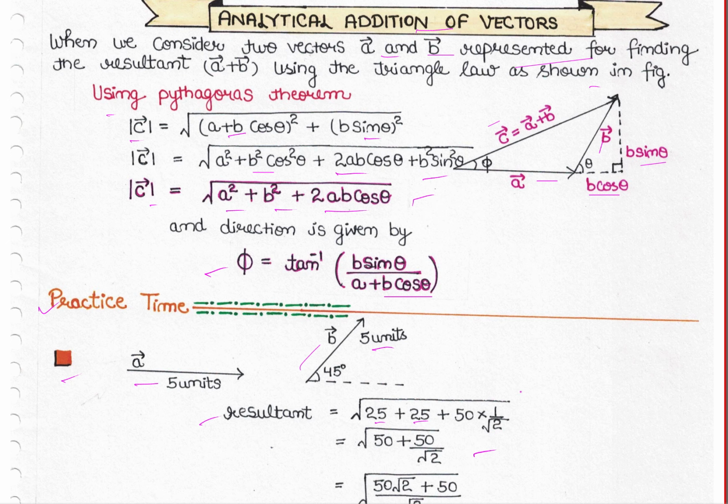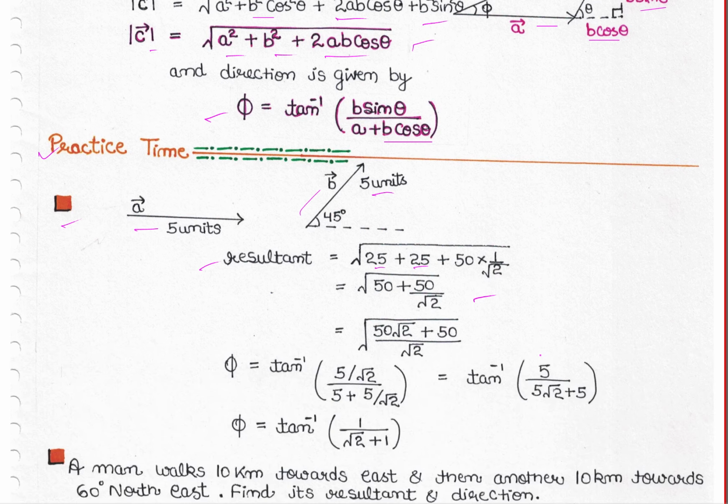If we simplify this, we get square root of 50 plus 50 by square root of 2, and the angle phi is tan inverse of 5 by square root of 2 over 5 plus 5 by square root of 2. After simplifying, phi is equal to tan inverse of 1 by (square root of 2 plus 1).